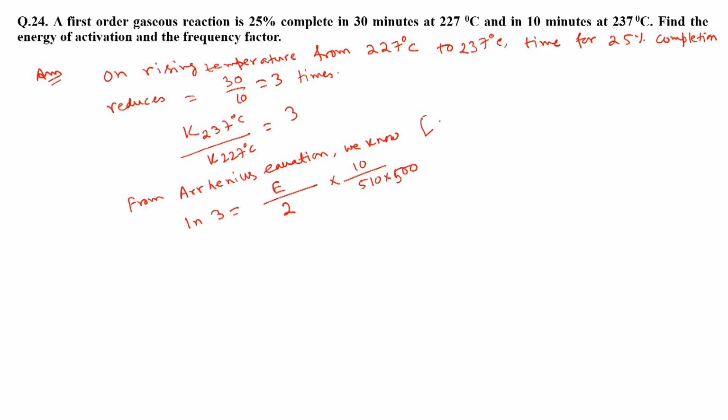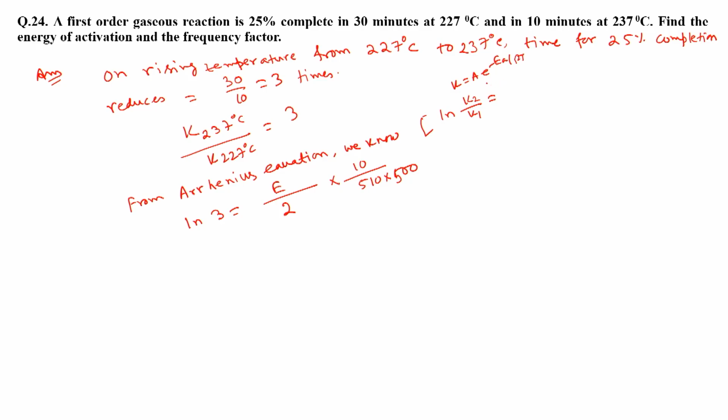Arrhenius equation is K is A e to the minus EA by RT.